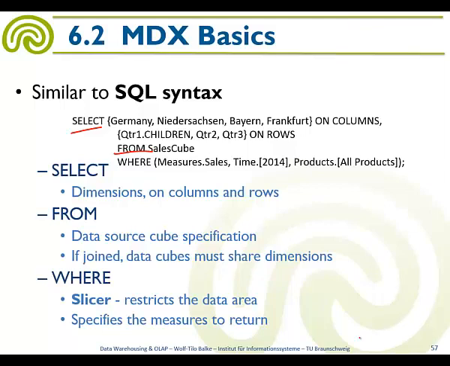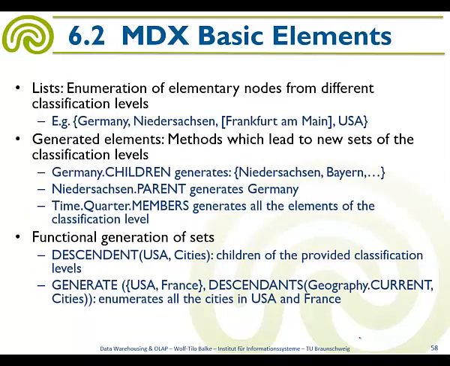You can only join different cubes by time, by product, and these must be identical. Otherwise it doesn't work, right? And where basically has only restrictions of the data, so that's kind of the slices and what measures should be returned, right? So it's a slightly easier way of specifying what you actually want, right?